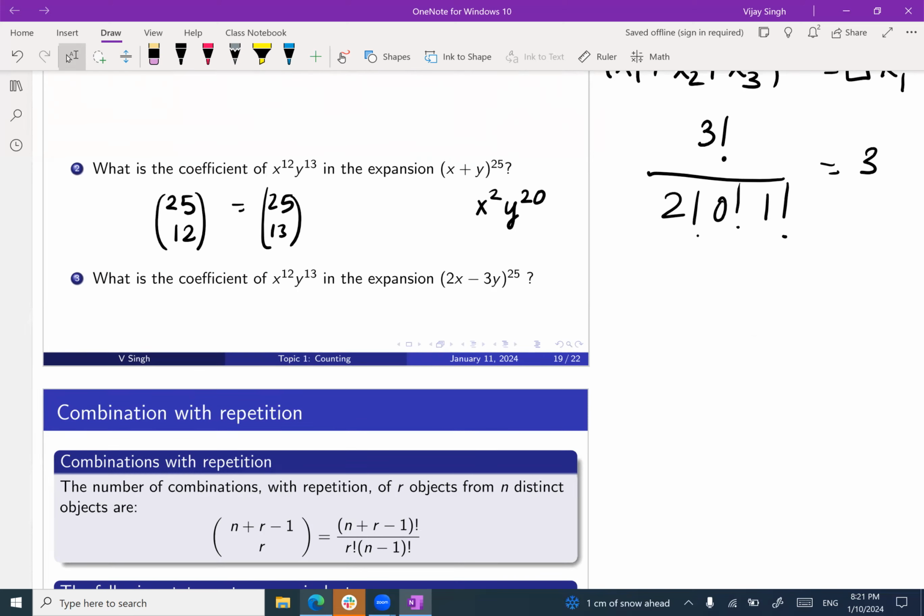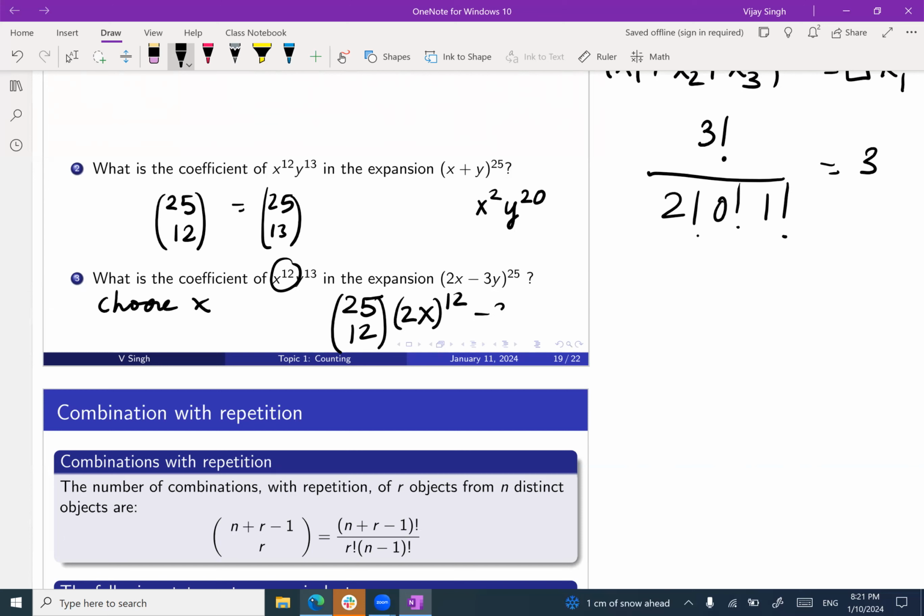Yeah. So we have what? How many ways can we choose? So we are choosing what? Choosing x, right? We are choosing 12 x's, right? So it's going to be 25 choose 12. We will have, instead of x, we will have 2x to the power 12.